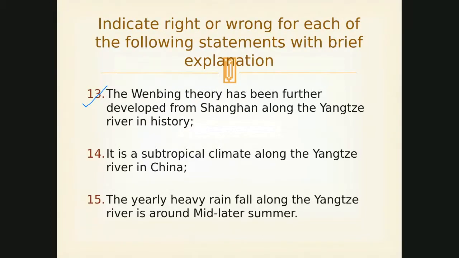And second, it is a subtropical climate along the Yangtze River in China, which is correct. It's a similar climate to Queensland, a bit humid and hot in summer, and damp and cold in winter. But in Queensland it's not cold in winter, still warm.